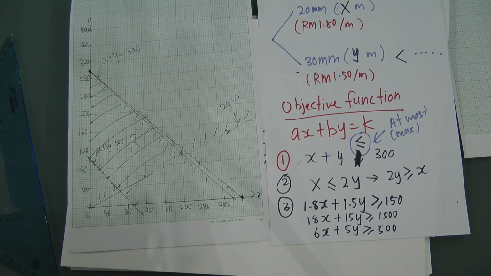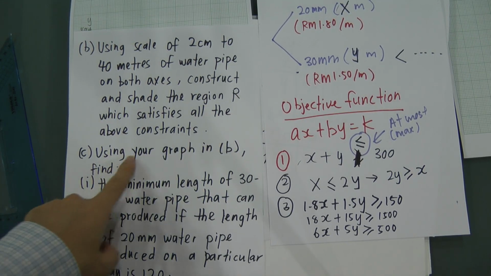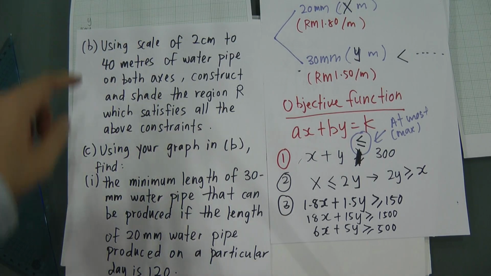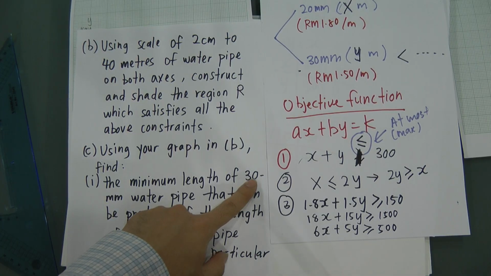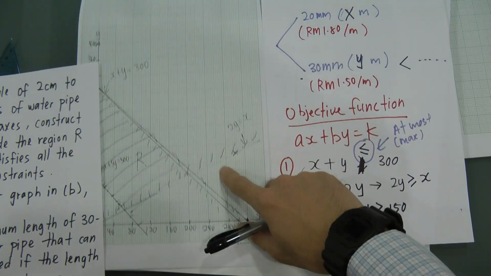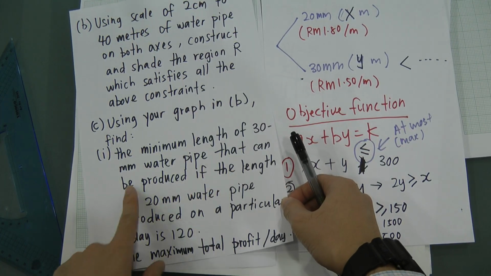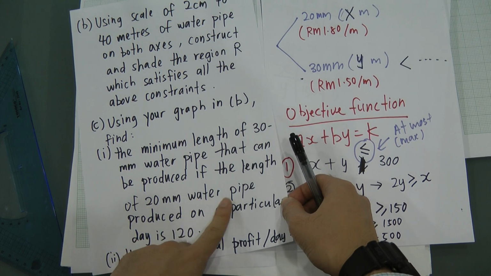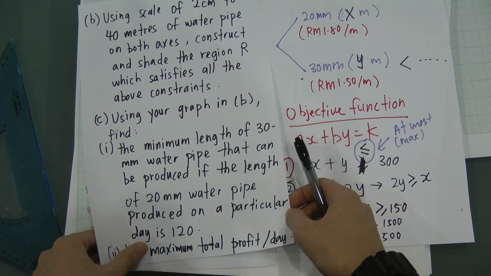Okay, we've done part B, then we go to part C. Using the graph in B, he asks you to find the minimum length of 30 mm. 30 mm is y. Means he wants you to find the minimum of y, when the length of 20 mm pipe produced on the particular day is 120.